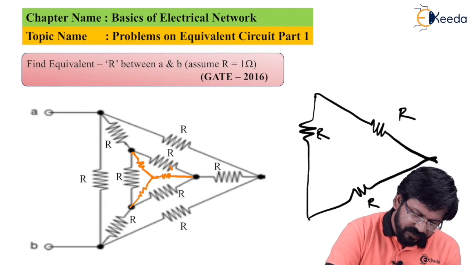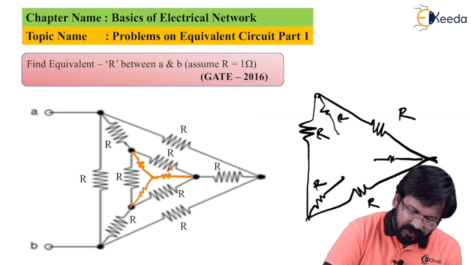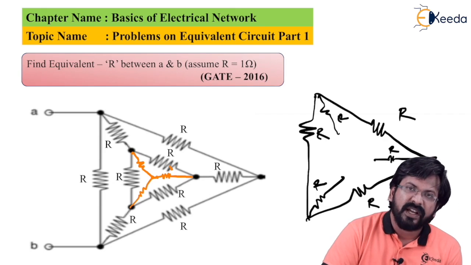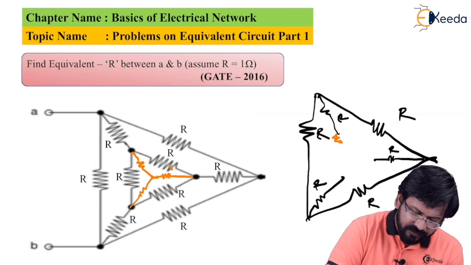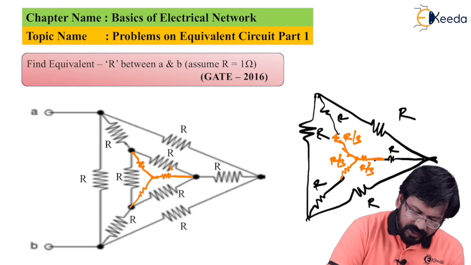Inside this, we already had R. We already had R here and we have one more R here. And the inner delta got converted into equivalent star, which was R by 3, R by 3 and R by 3.